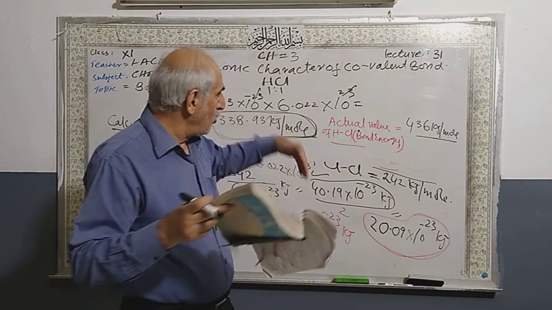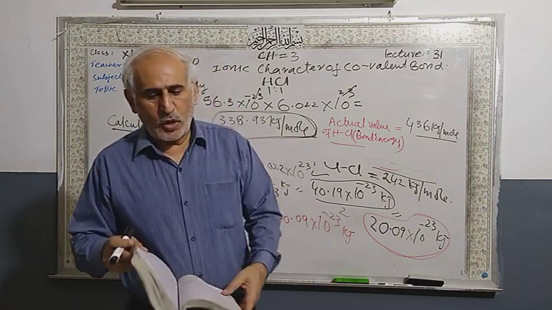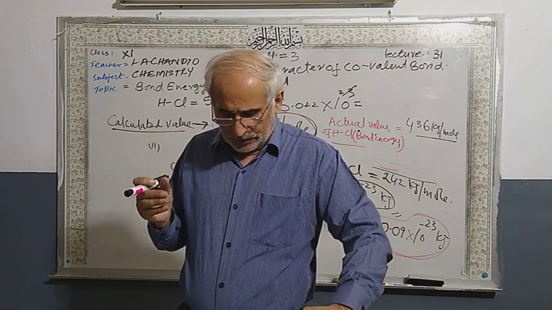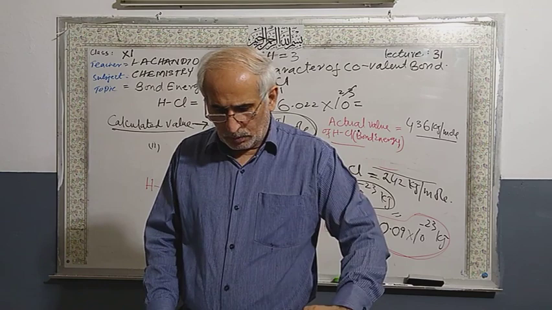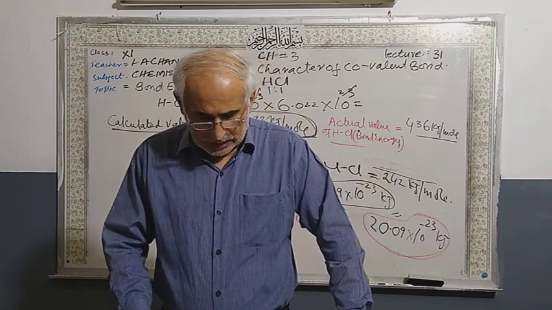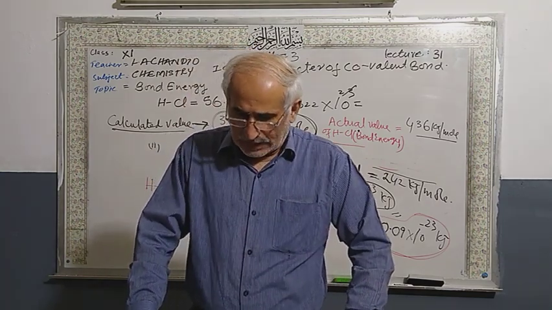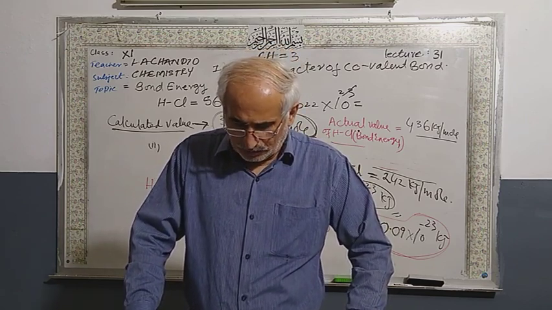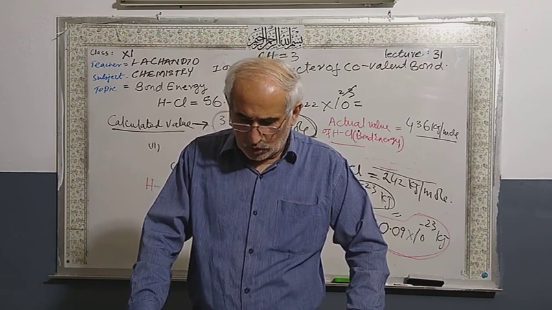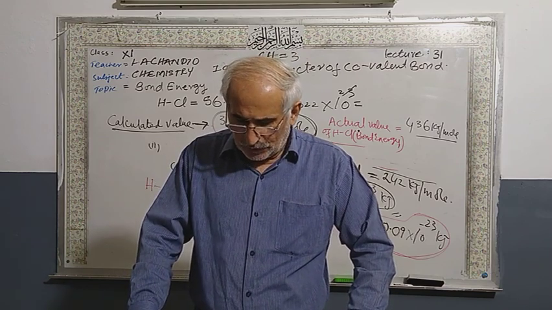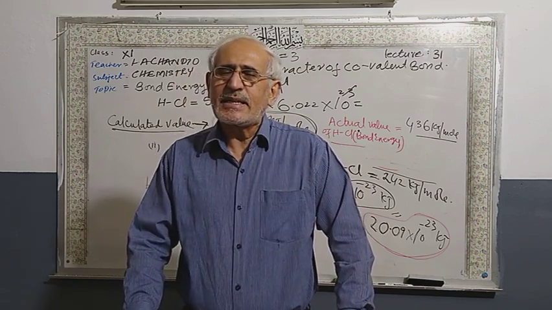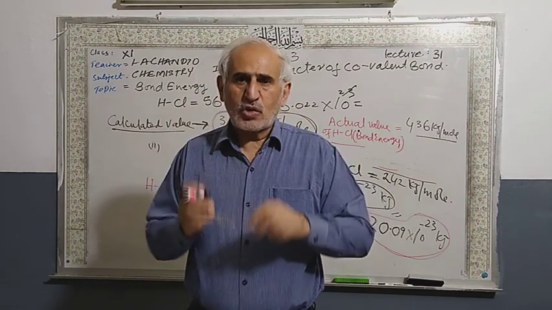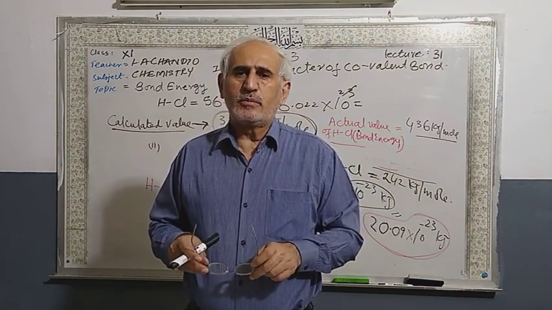So when you get a larger difference, the bond is more polar. I told you in the previous table, if you go back, the bond energy table is given here in kilojoules per mole. Hydrogen fluoride is 567, and the difference of electronegativity is 1.9.